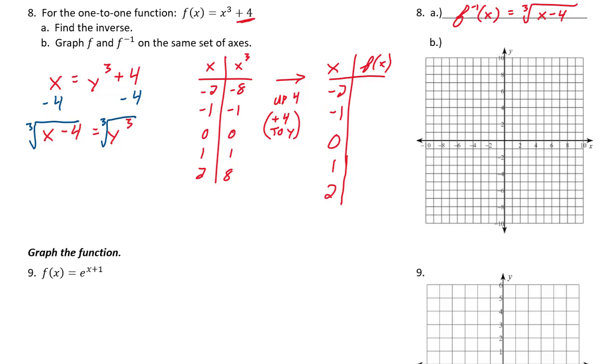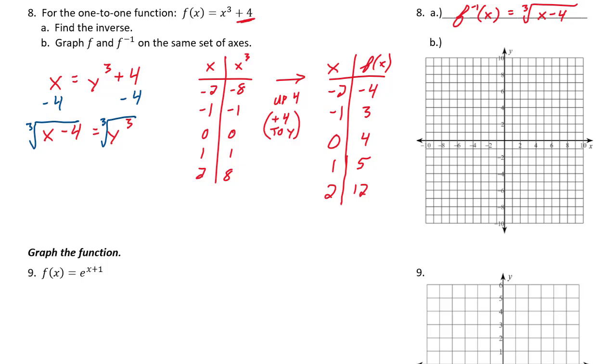So -8, if I add 4 to that, would be -4. -1 if I add 4 to it would be 3. 0 if I add 4 to it is 4 itself. 1 if I add 4 to it is 5. And 8 if I add 4 to it would be 12. So that last point looks like it's going to be a little bit too big for the grid, so I won't have to worry about that one.